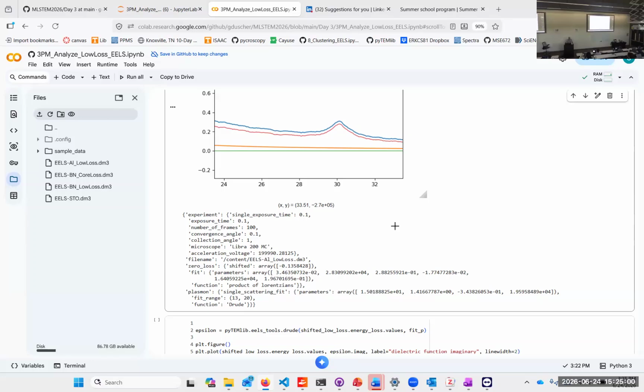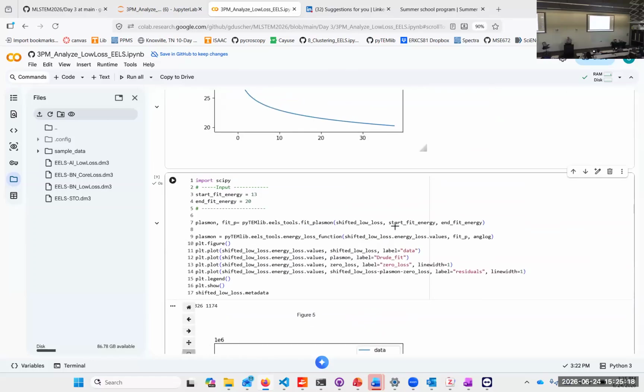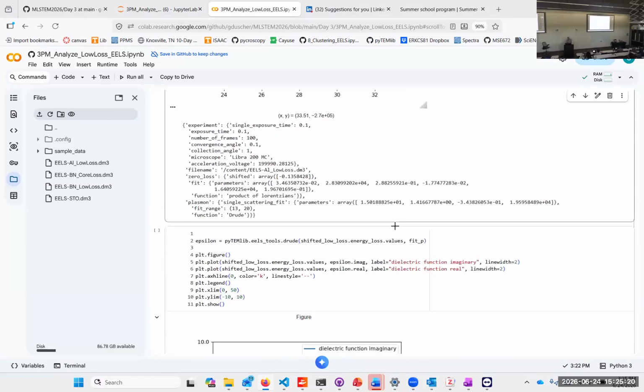What you notice is that this plasmon peak is not as sharp as the first one. It is a convolution, a plasmon peak convoluted with a plasmon peak. So it is broadened. We know exactly how that goes because this is following a Poisson statistic.